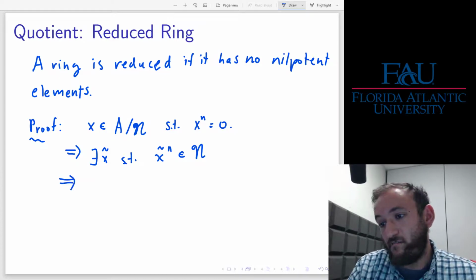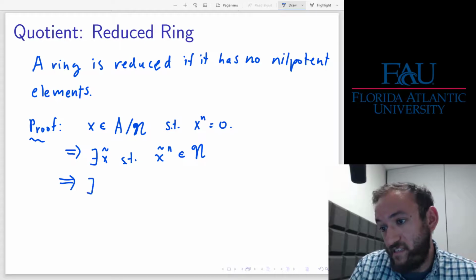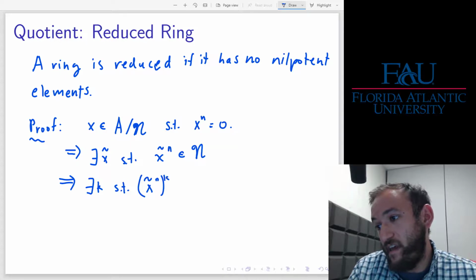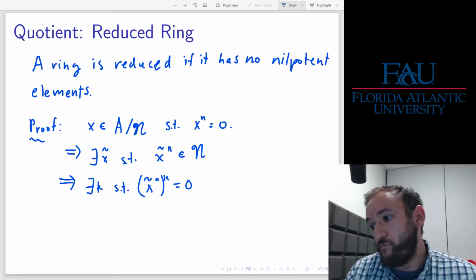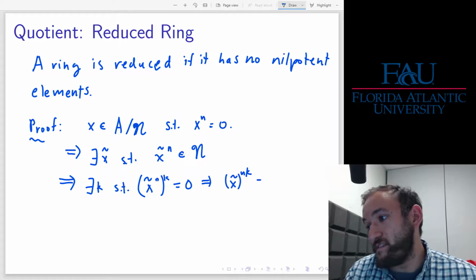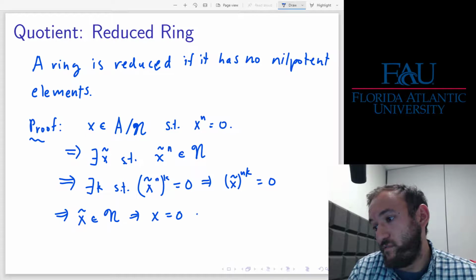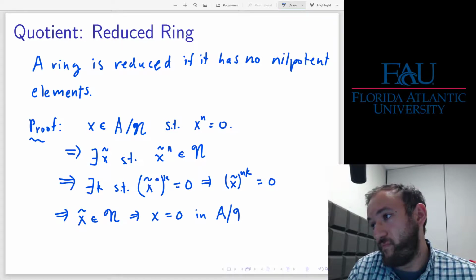It means that it's nilpotent. So there must exist some k such that x tilde to the n raised to the kth power equals 0. But that means that x tilde itself raised to the nk power is 0, and that means that x tilde is in N, which means that x is 0 in A mod N.